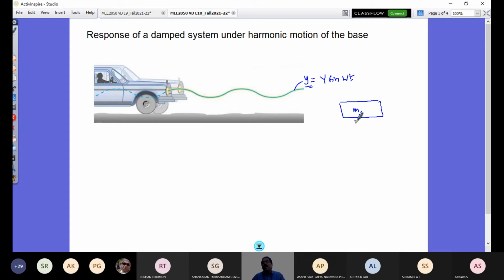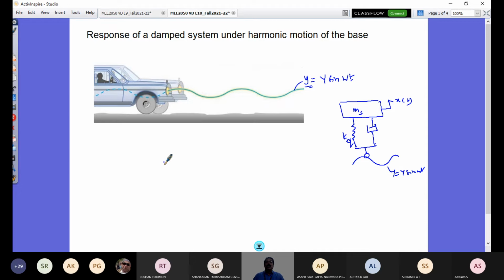So this is your sprung mass, and you have your equivalent front axle, rear axle suspension, equivalent stiffness and equivalent damping value, and that is now on a sinusoidal road profile like this. So this is y is equal to y sine omega t, and this is going to be with the x of t.